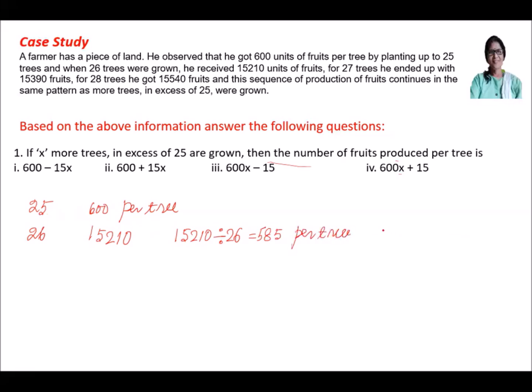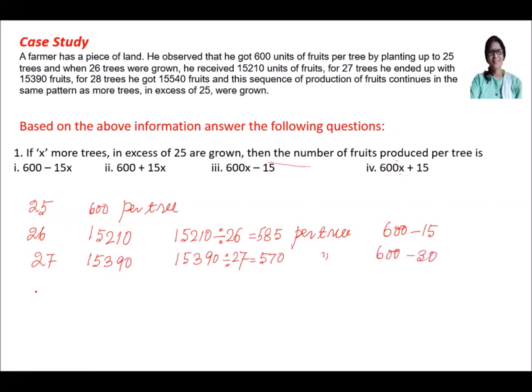That means it is 600 minus 15. And for 27, I am getting 15,390. So if I divide 15,390 to get the fruits per tree, I am getting 570 per tree. So it will be 600 minus 30.